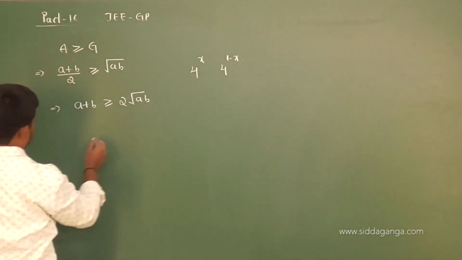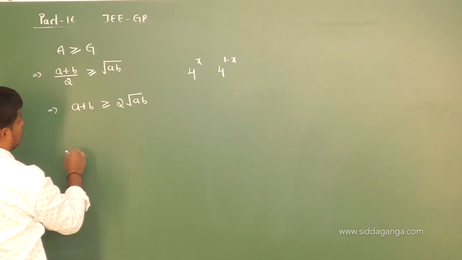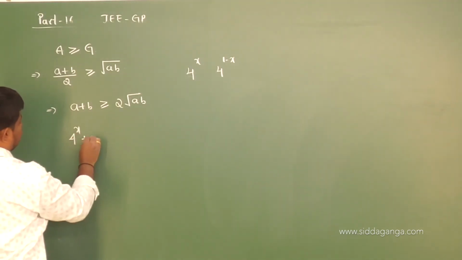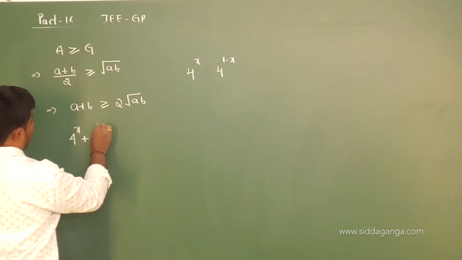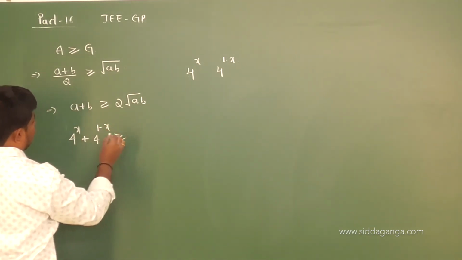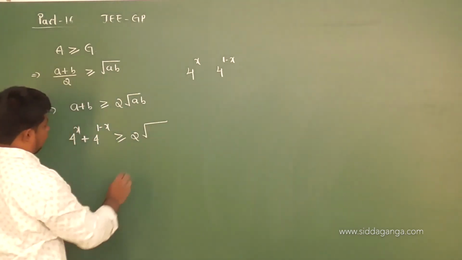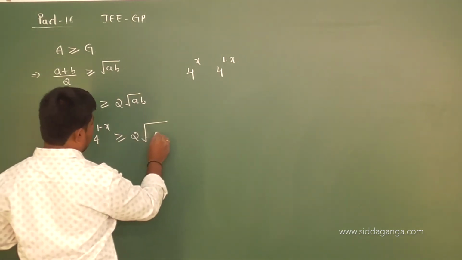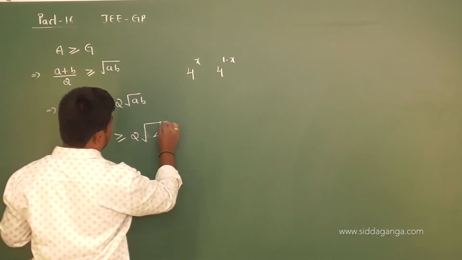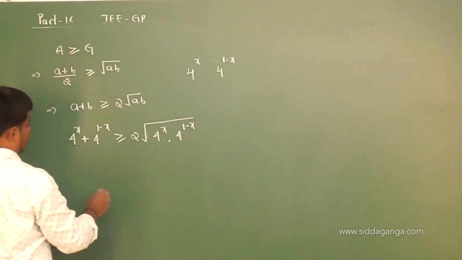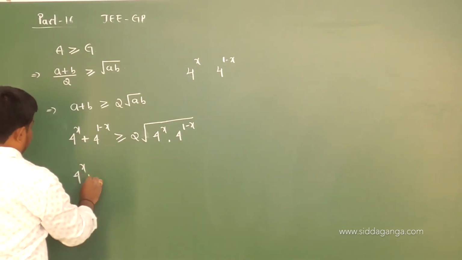Let me replace a and b by these two numbers. From the relation between arithmetic mean and geometric mean, a is 4 power of x plus b is 4 power of 1 minus x, always greater than or equal to double of their geometric mean, root of 4 power of x into 4 power of 1 minus x.